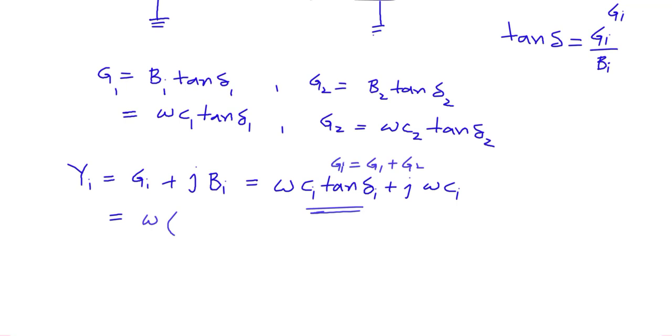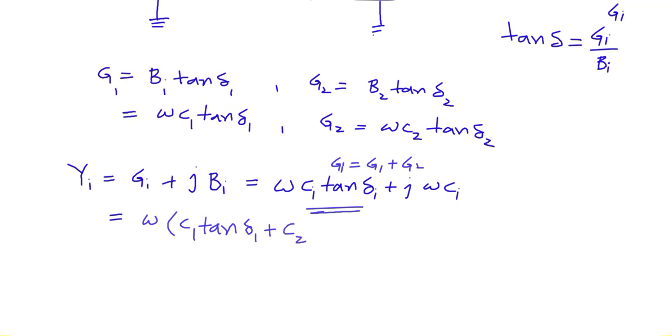So omega C1 tangent delta 1 plus omega C2 tangent delta 2, because omega is the same, so we can put omega outside.